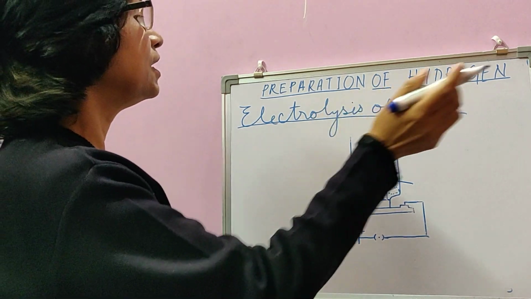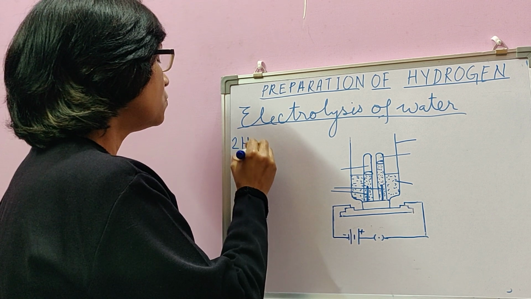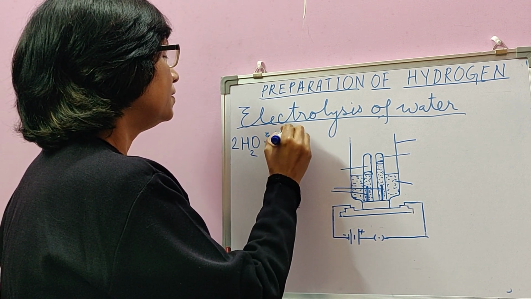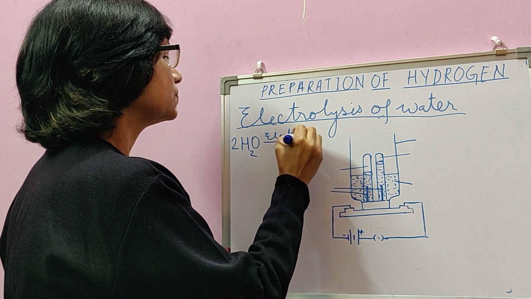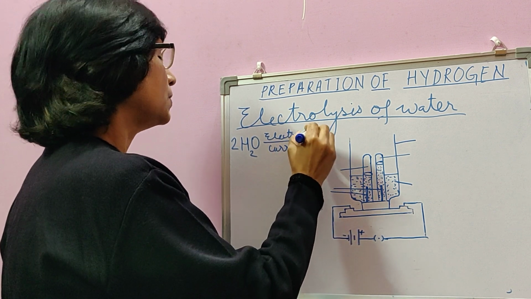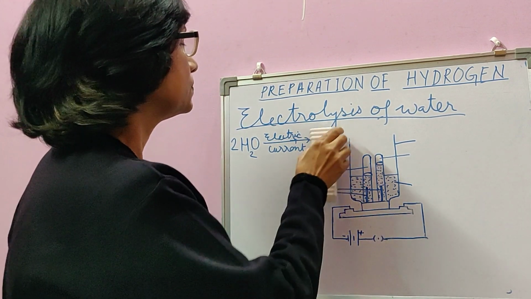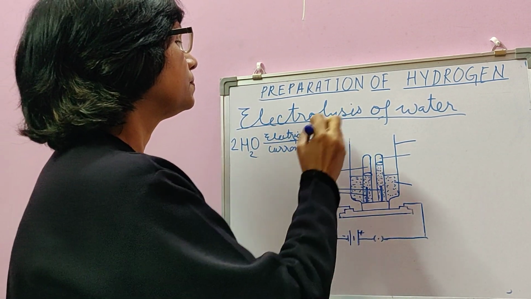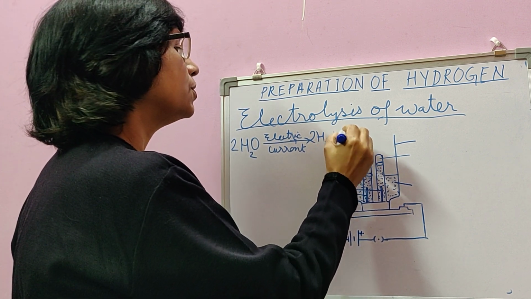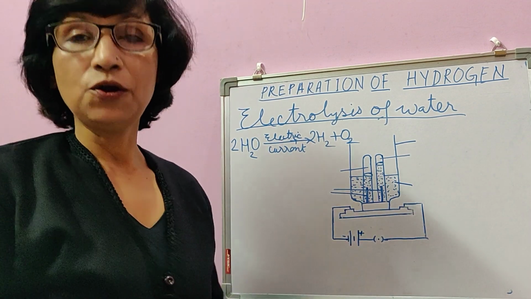So in this method, that is electrolysis of water, what do we do? We decompose water molecule by the passage of electric current into hydrogen and oxygen.